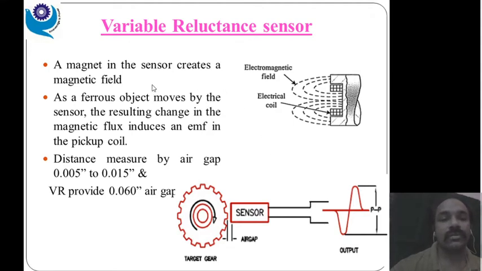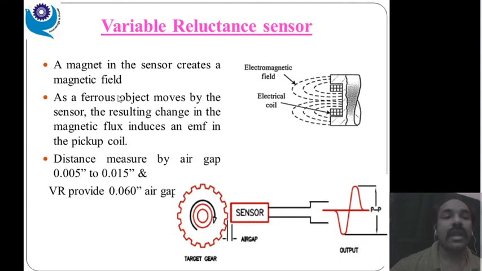Coming to the first point, a magnet in the sensor creates a magnetic field, which we have already discussed. See over here, this much part is a permanent magnet, and this is a ferromagnetic material. The magnet creates a magnetic field in this way, and that is linked to the coil.